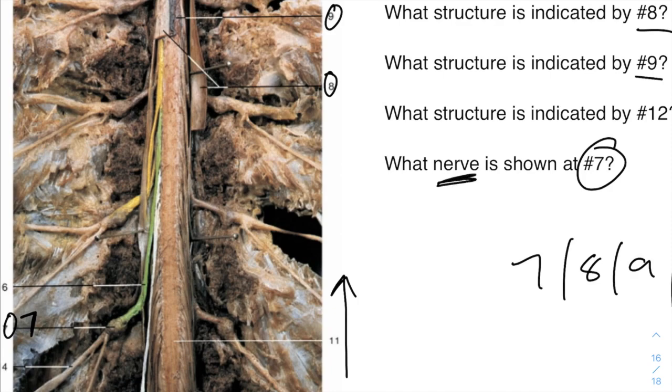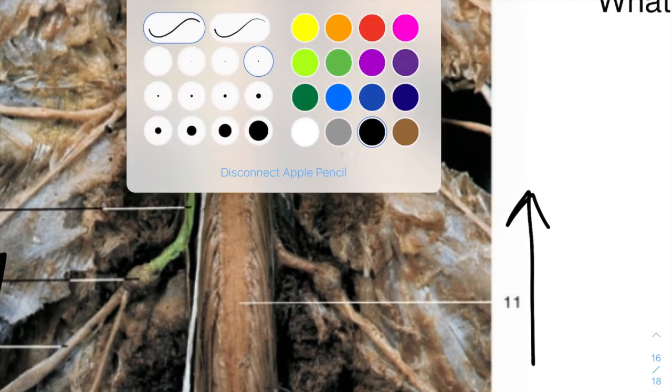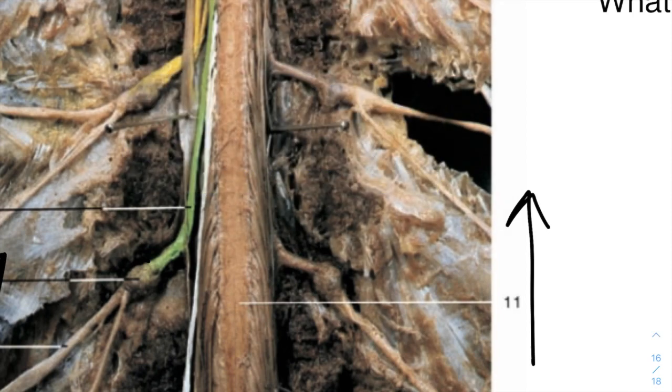So what is a nerve? This is a nerve. What is a nerve that is shown at 7? So remember that we're looking at this from the back. So any of the nerves that are coming out of the spinal cord are going out to the back. But notice how this is more of an oval, circle-y shape. You can see that it isn't similar to the other nerves.